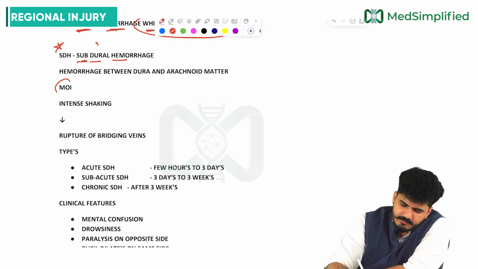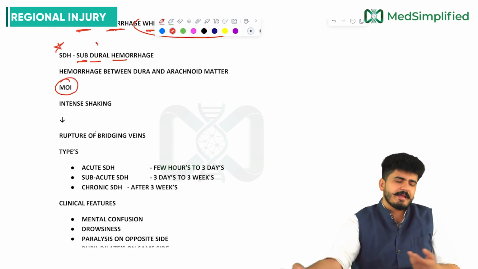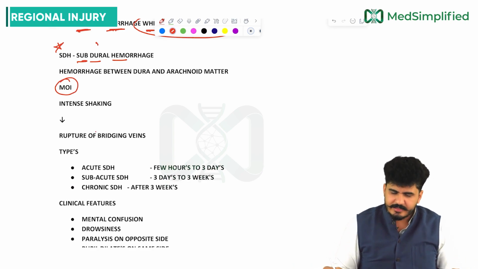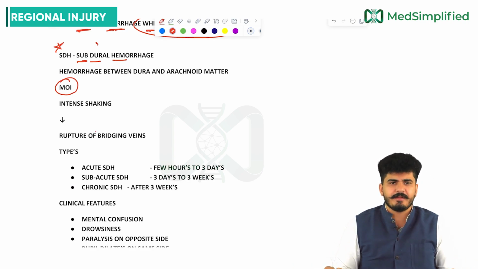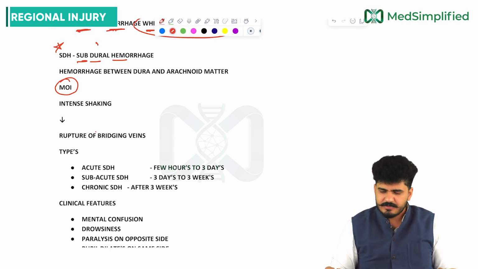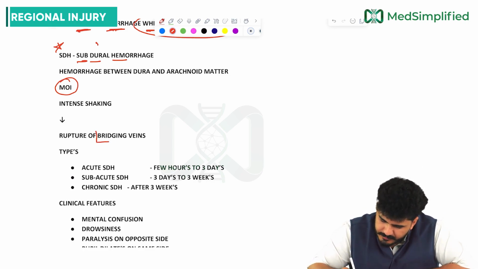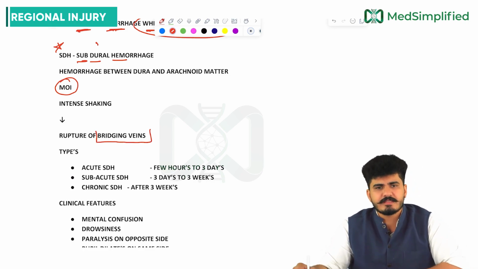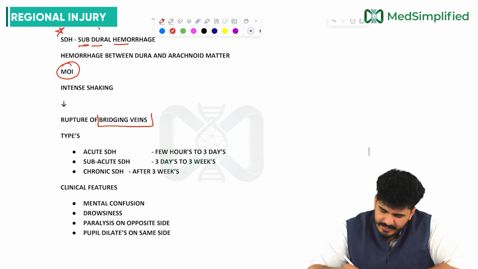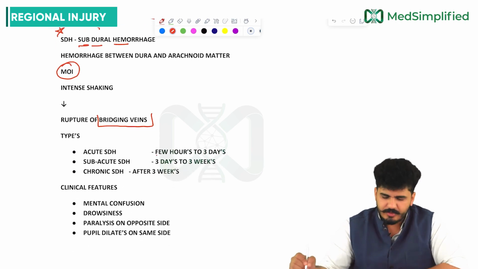What is the mechanism of injury right here, sir? If we talk about the mechanism of injury, there is an intense shaking of the head. Most commonly, intense shaking of the head will lead to rupture of the bridging veins. And types can be acute, subacute and chronic.